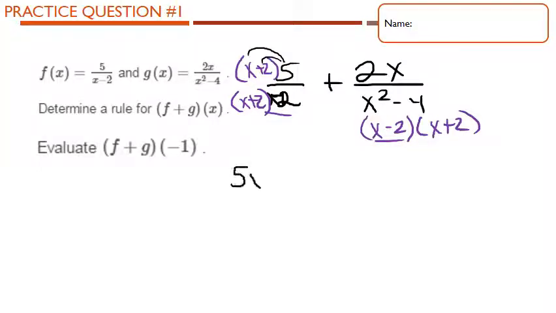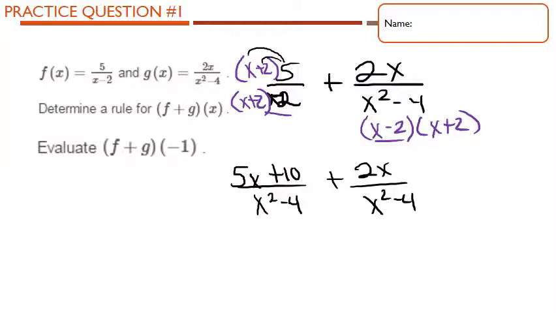So you're going to have 5x plus 10 over x squared minus 4, plus the 2x over x squared minus 4. We have our common denominator now. Combine the numerator. So 5x plus 2x is going to give me 7x plus the 10.